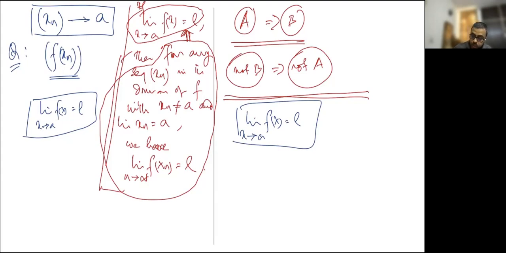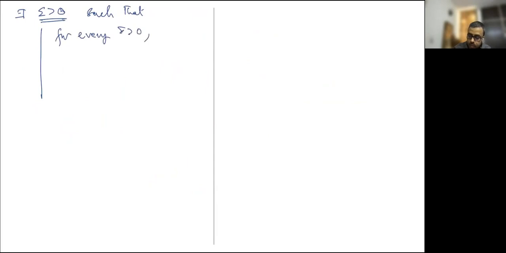I'll go to the next page and start there. There exists an epsilon positive such that for every delta positive, what was the last part?